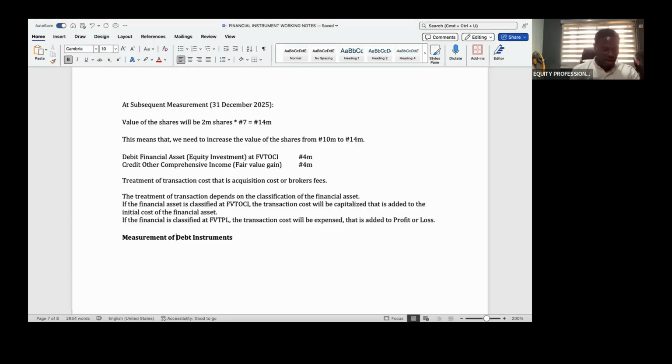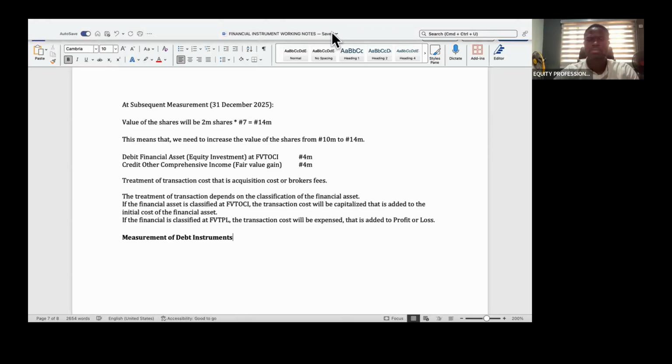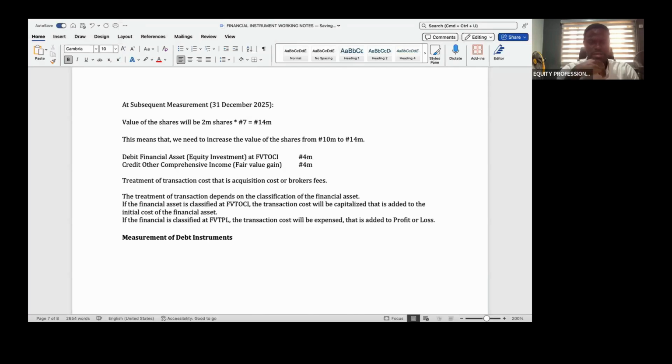So you know that I've already done the clarification that debt instruments are basically borrowing money. When you borrow money, you have a debt instrument. Then how do you measure that? Let me call that initial measurement again. Initial measurement.